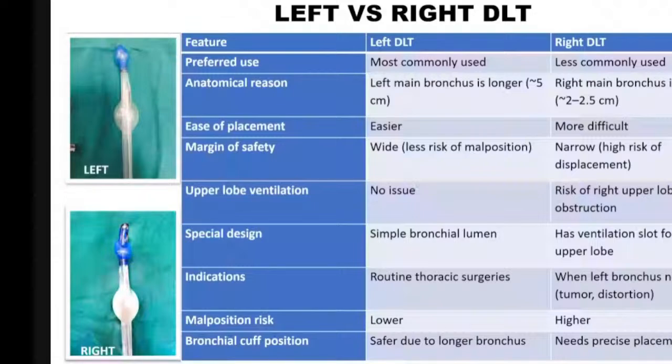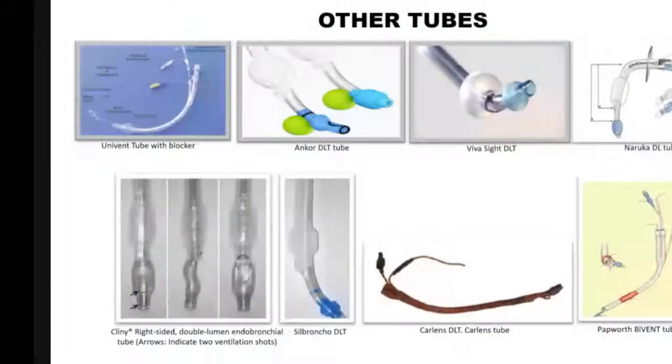There is a camera at the distal end, which provides real-time continuous visualization, and there is no need for bronchoscopy for positioning. Next is the Naruke tube, which allows easy insertion, especially in difficult airway scenarios.